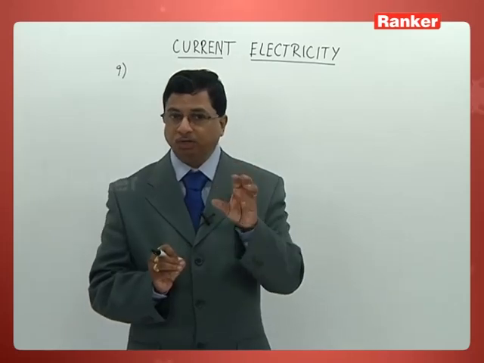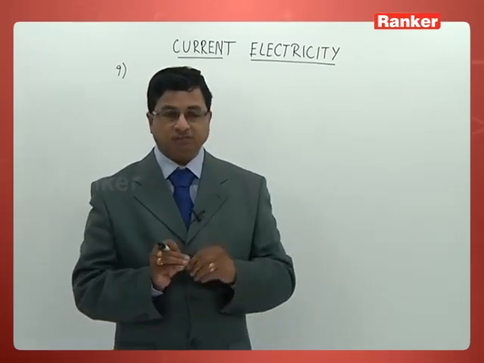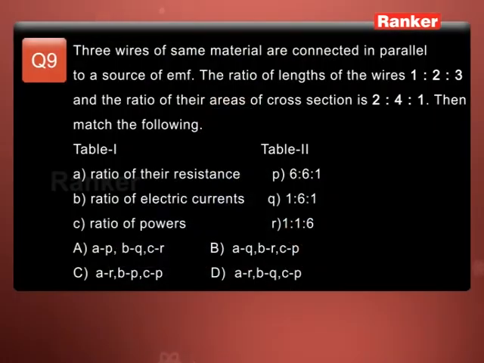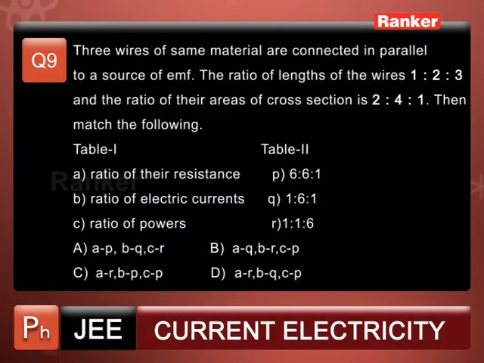The person giving the question said 3 wires of same material. First and foremost, the moment you find that wording, it is understood the material has a constant value of specific resistance.